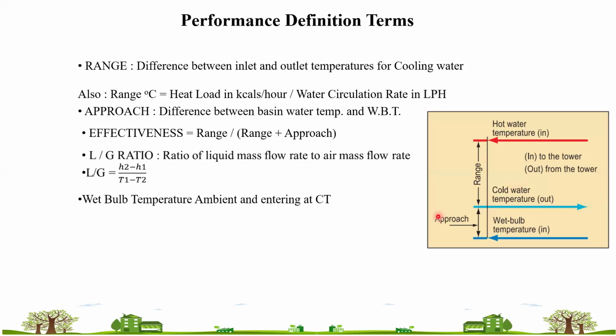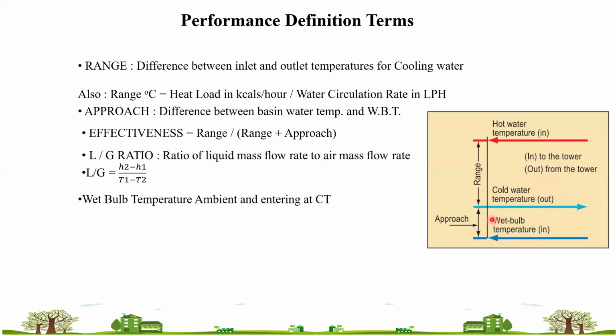And another is called approach. Approach means the difference between your cold water outlet temperature and the wet bulb temperature of the inlet air. So if your water outlet temperature is 29 degrees Celsius and your wet bulb temperature is 25 degrees Celsius, your approach is 4 degrees Celsius, 29 minus 25.